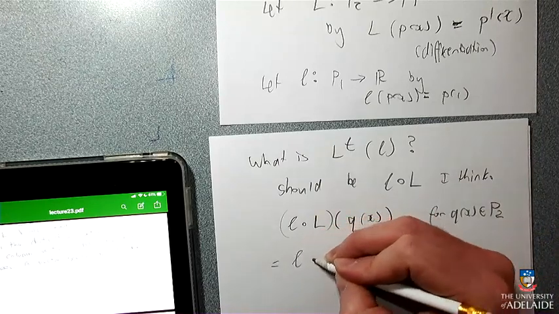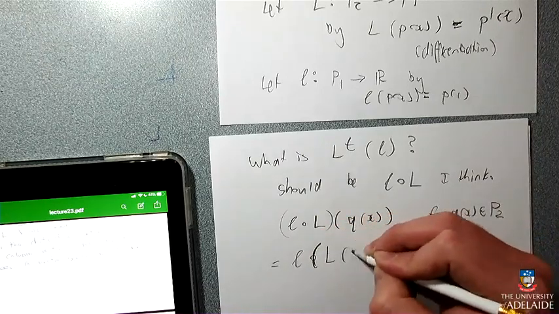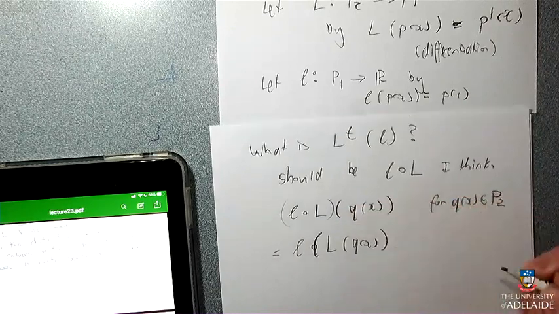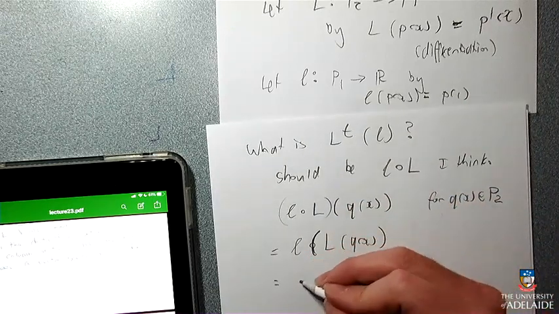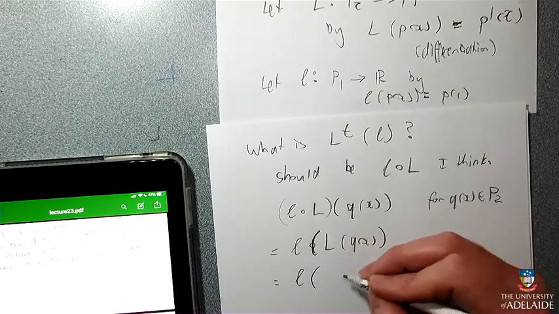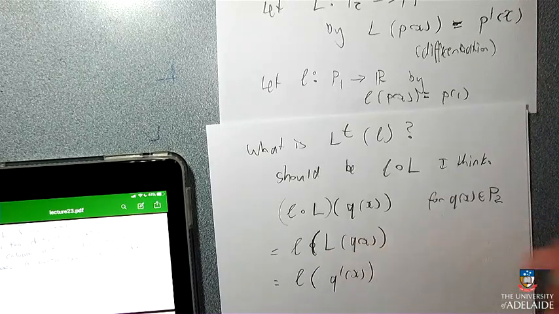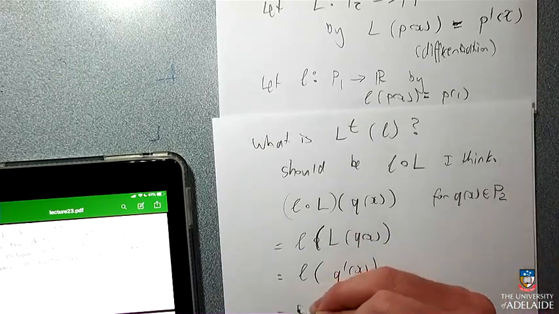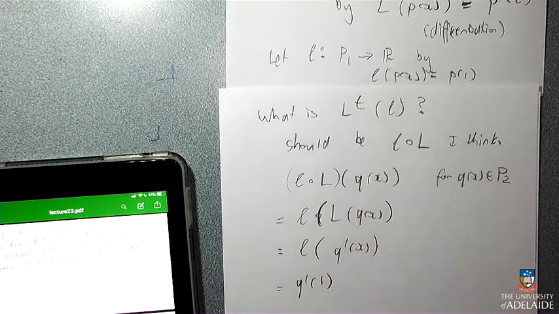Should be L, which should be Q dashed, yeah, which should be Q dashed of 1. It seems reasonable. I don't really get what's going on, or if anything's happening at all. It looks too obvious, but that's what the transpose is.